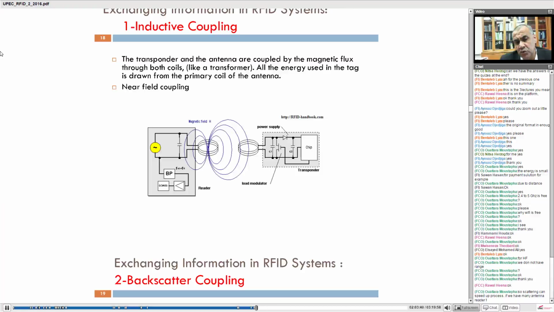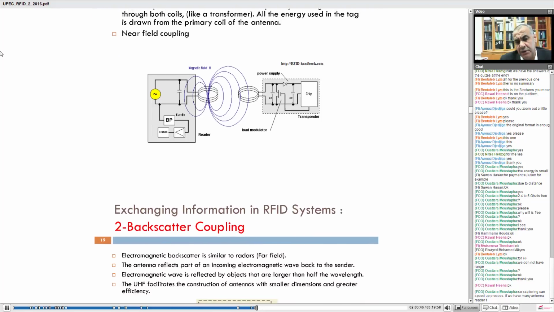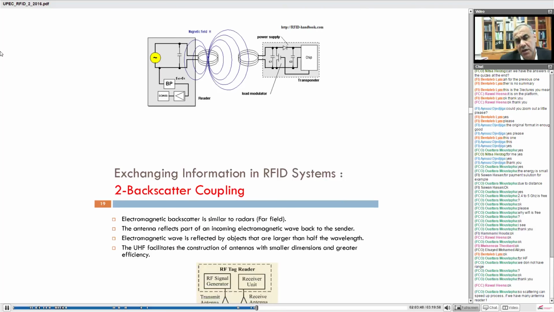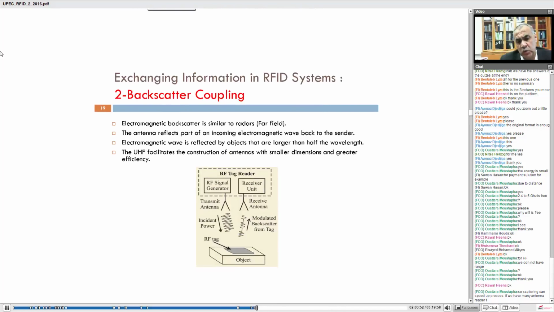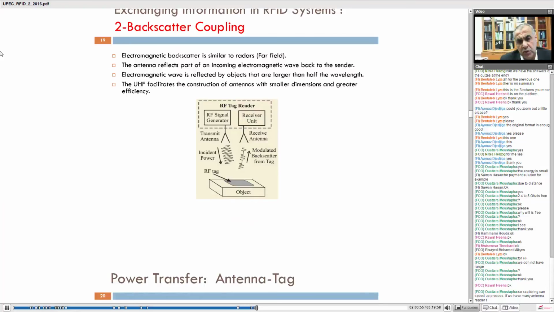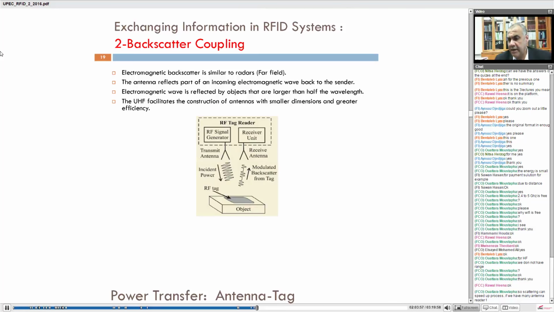This is why it's possible to do backscattering in UHF and microwave, but not in low frequency. This is why we use the other type of coupling, which is inductive. The only way to communicate is to use magnetic. We have electric and magnetic, and for low frequency we use magnetic because the frequencies are low.